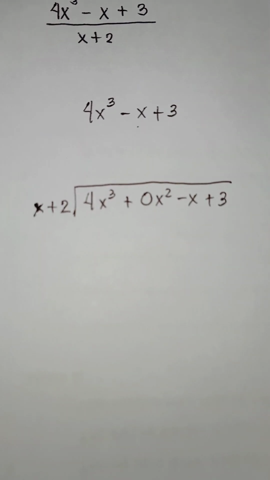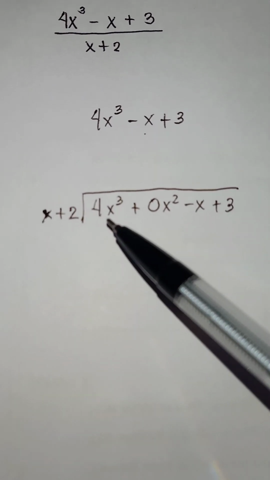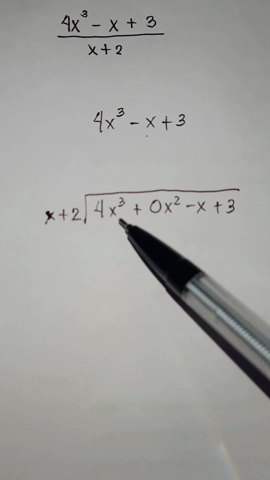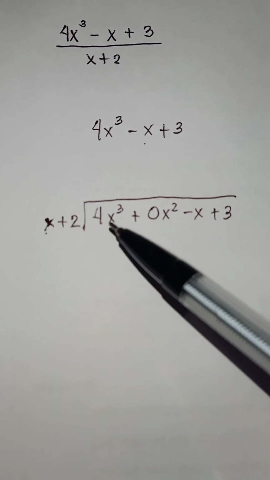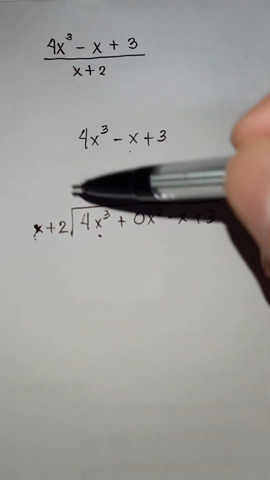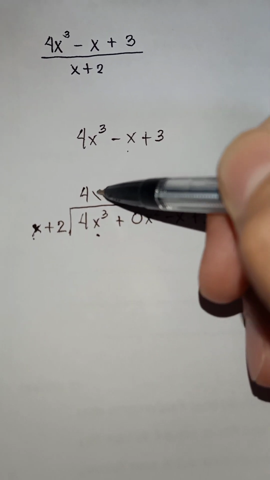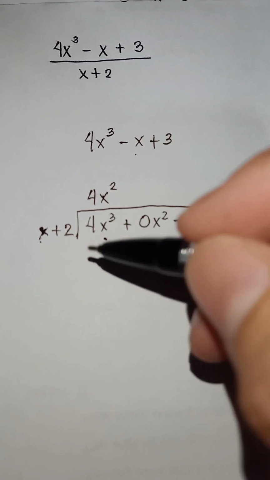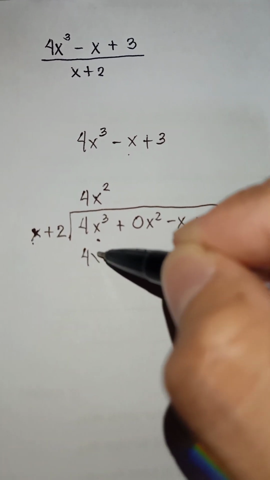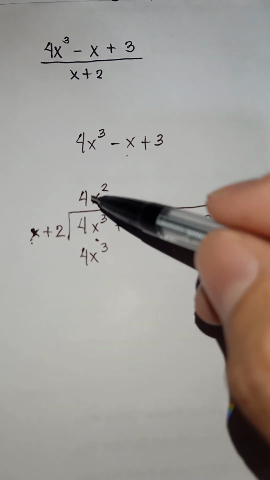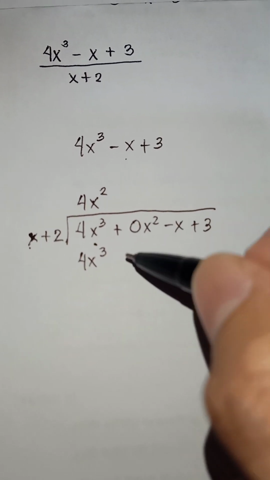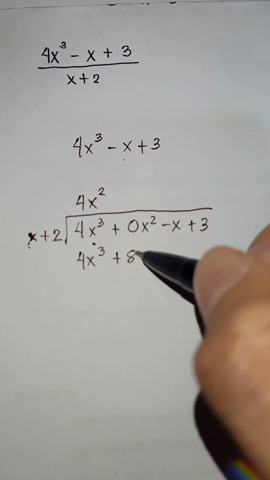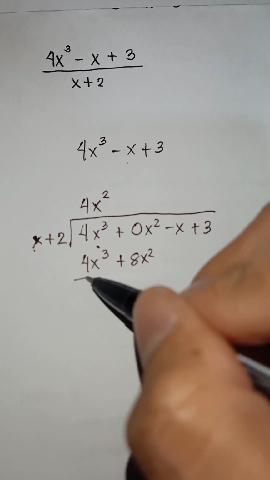Then we proceed. We start with 4x cubed divided by x, so leading term divided by leading term. 4x cubed divided by x is 4x squared. Then 4x squared times x is 4x cubed again. And 4x squared times 2 is 8x squared.